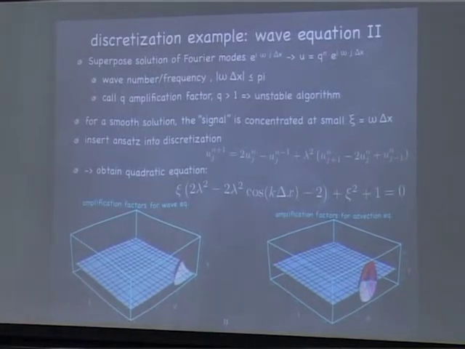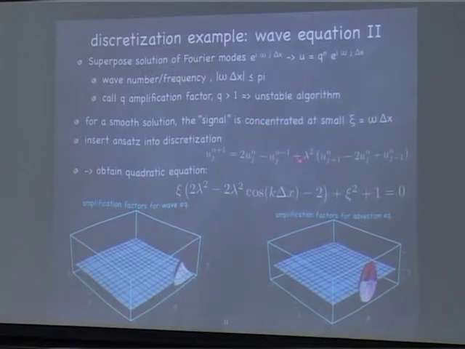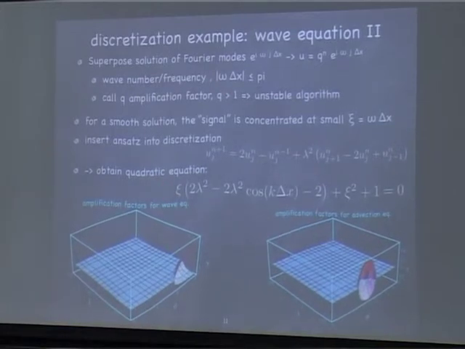Now, just to do the calculation, we can insert our ansatz into the discretization and evaluate this. Here we have lambda squared, so we'll get a quadratic equation in lambda, which was delta t over delta x, for the condition that the norm is equal to 1, which is like the boundary.